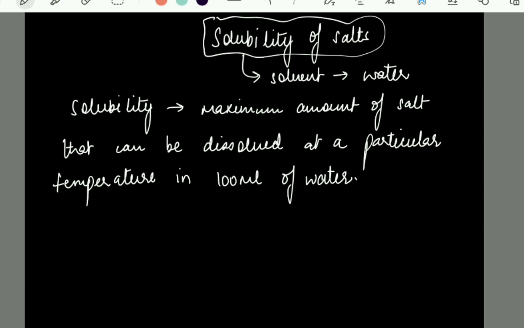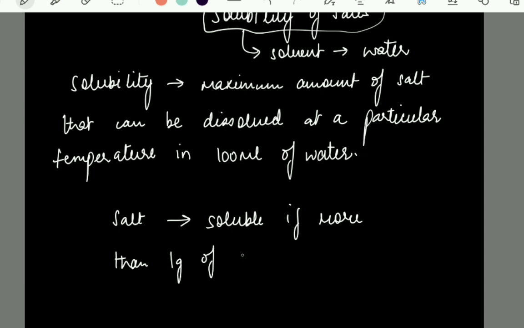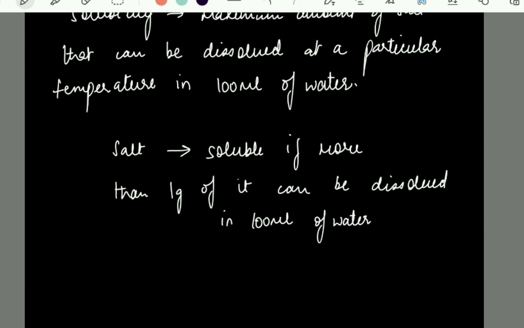So over here what we are going to discuss is, let's say we have a salt that is very much soluble. This is a very generic statement. If more than 1 gram of it can be dissolved in 100 ml of water, so if more than 1, that means it's soluble.